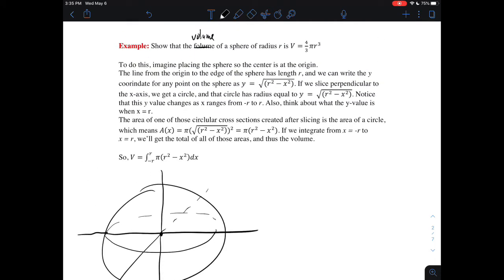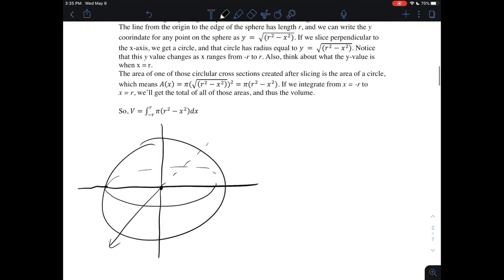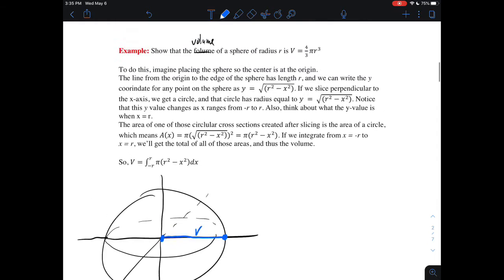The line from the origin to the edge of the sphere has length r. That's what it means to have a radius of r. So from the origin out to the edge of the sphere, that's r. We can write the y-coordinate for any point on the sphere in this way: y equal the square root of the quantity r squared minus x squared.